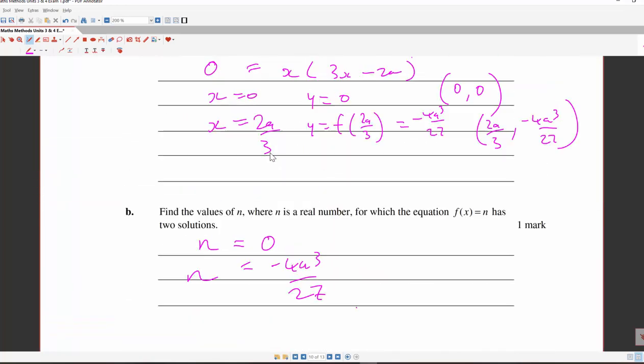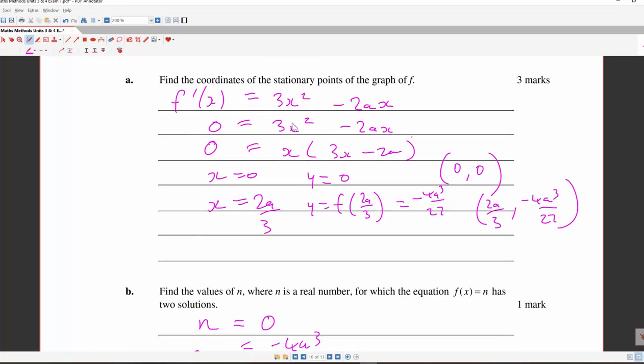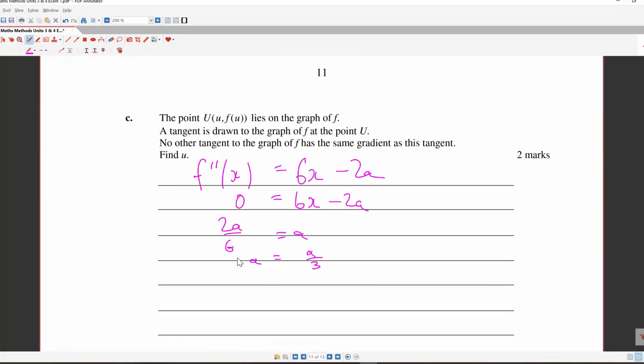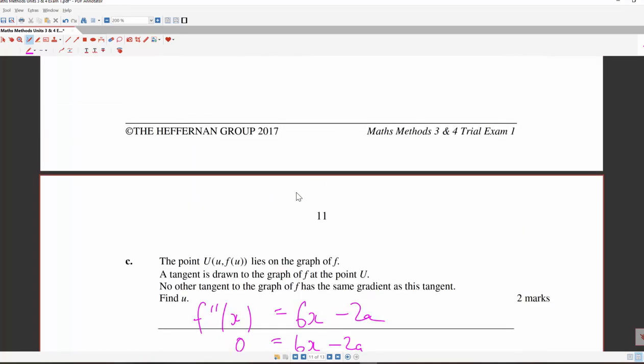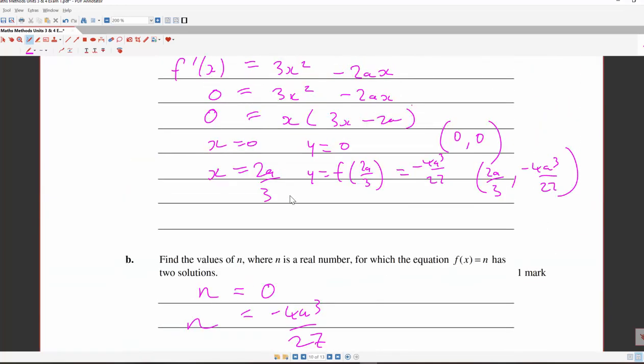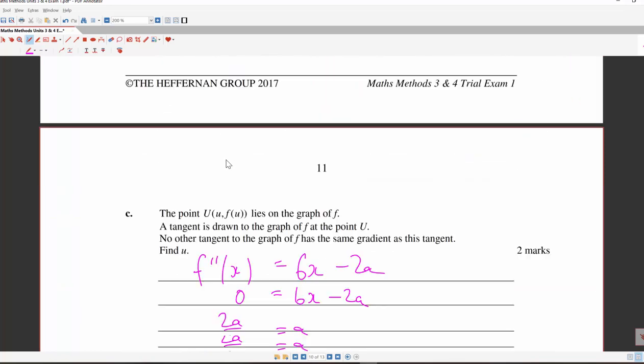All right, so our gradient is that, so it's going to be 3n squared take away 2an. Let's just check that. 3n squared take away 2an, yeah, looks good.